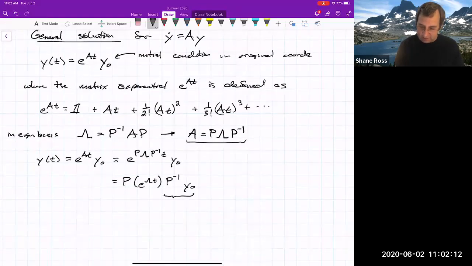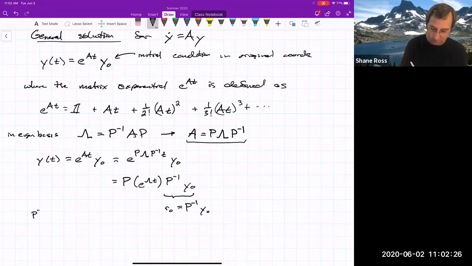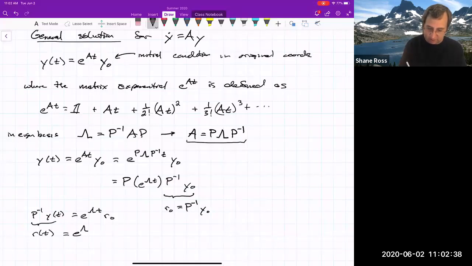What is this? This is r naught. This is writing the initial condition, but in the eigenbasis. And then we could multiply both sides times P inverse, and we'll get P inverse y(t) equals e to the lambda t r naught. This is just r(t). So r(t) equals e to the lambda t r naught.